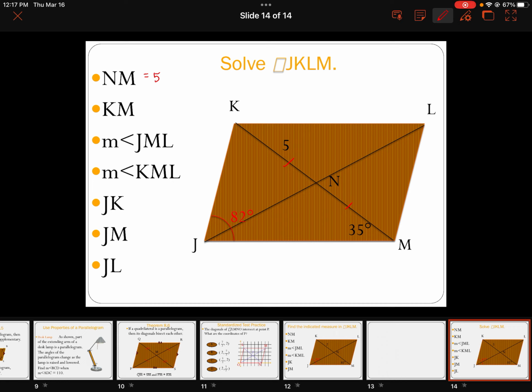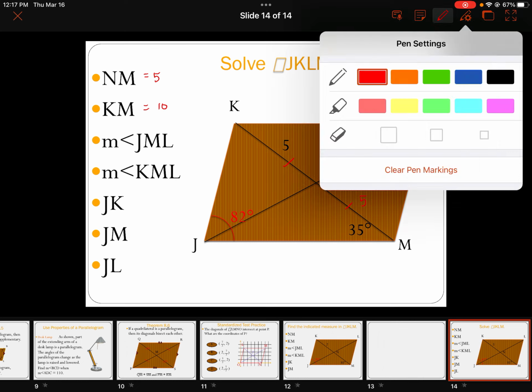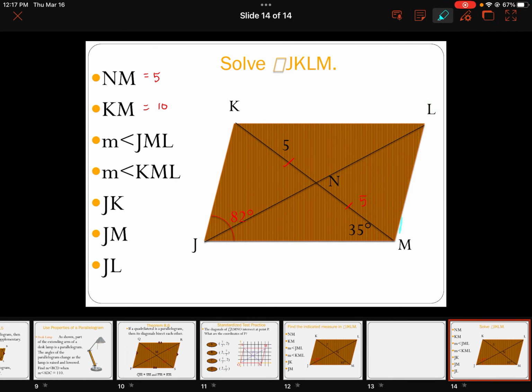So N to M is 5. K to M would be the entire diagonal, so that would be 10. The measure of angle JML would be this entire angle. I'll highlight it in light blue. That entire angle.